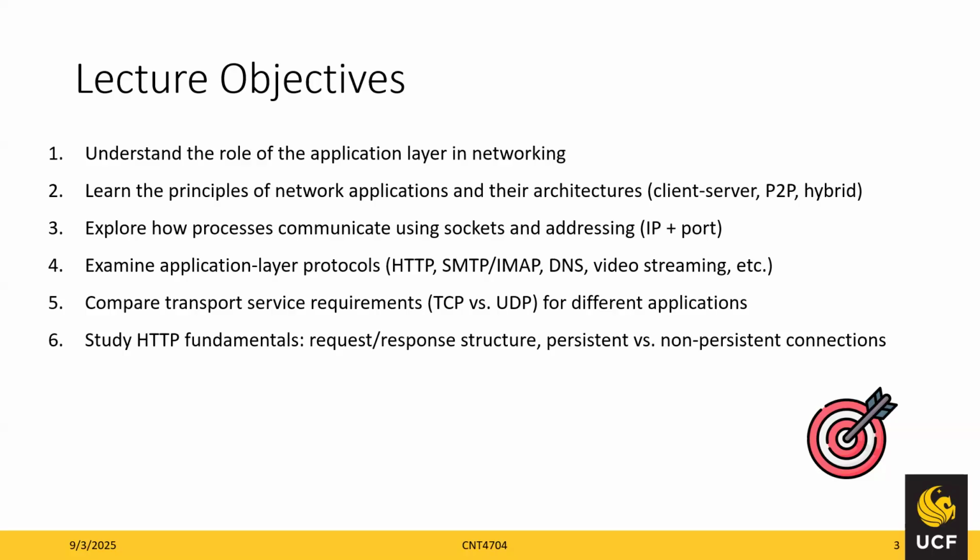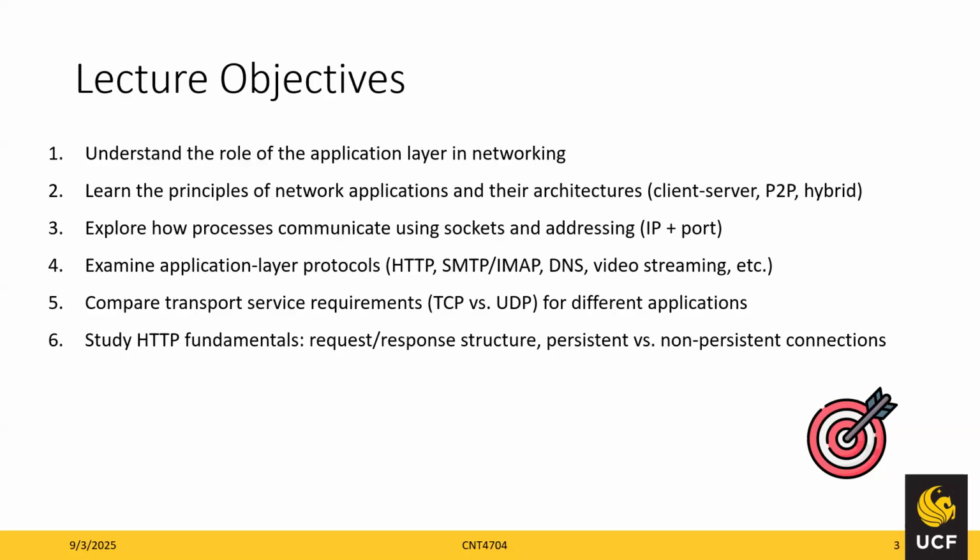We're going to learn the principles of network applications and their architecture, like client-server, P2P, and hybrid. We'll explore how processes communicate using sockets and addressing, using the IP address and the port number. We'll also examine application layer protocols. We'll get to some of those today, but not all of them.